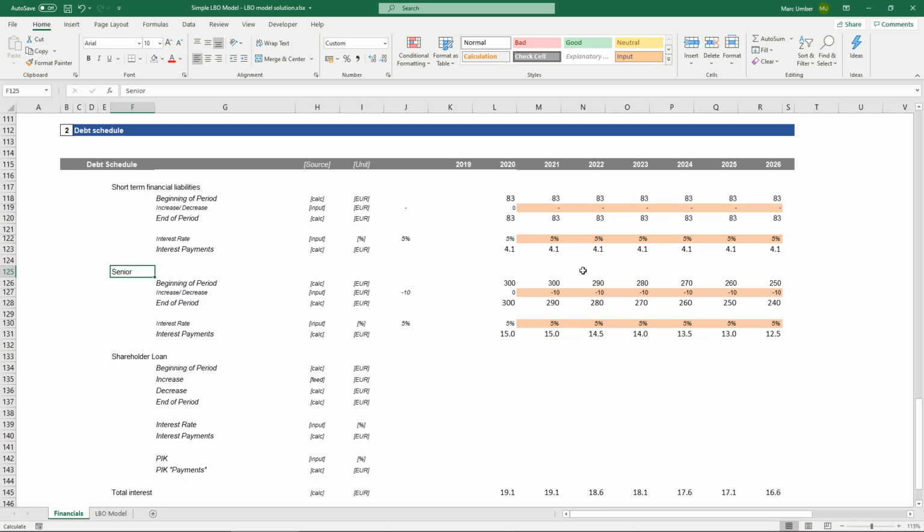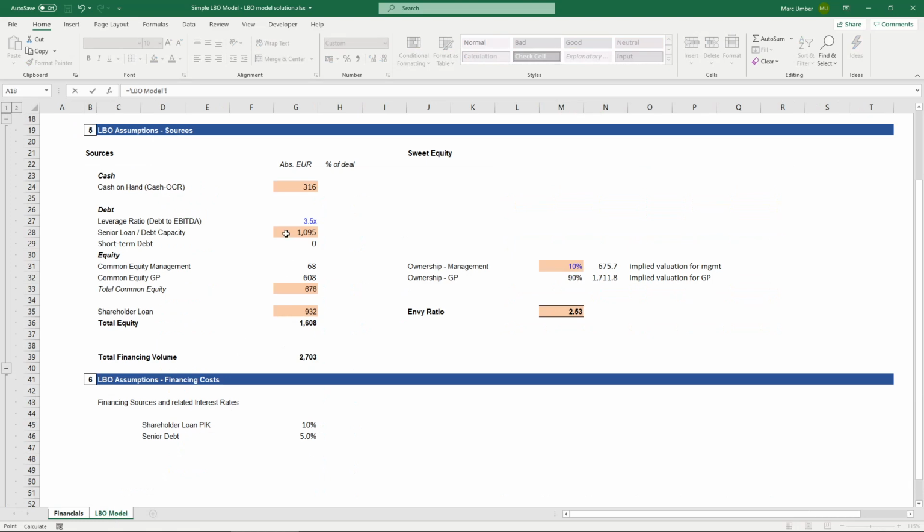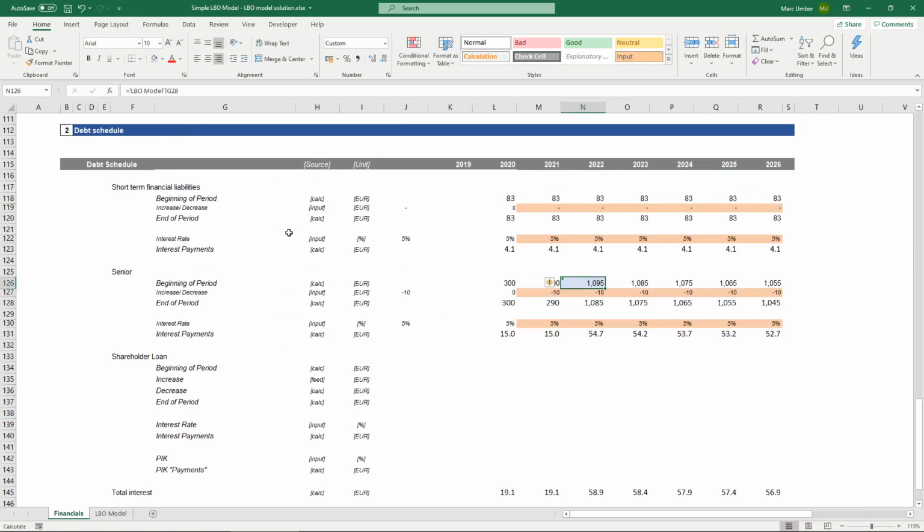Let's start with the senior debt. The transaction takes place in early 2020. So now we make manual changes. We will refinance all the debt by the new debt. We introduce new debt to the balance sheet in the amount of 1 billion. And we will change the repayment structure.